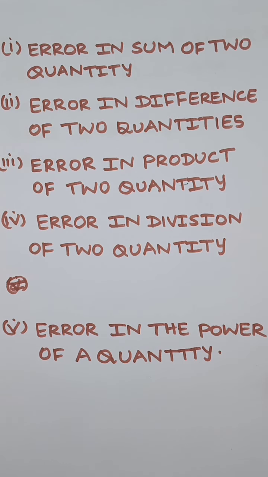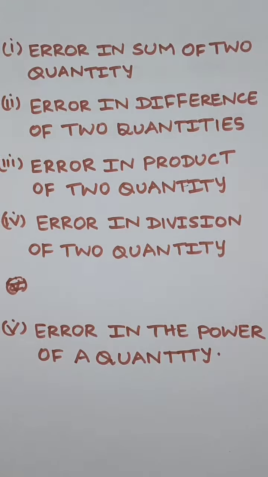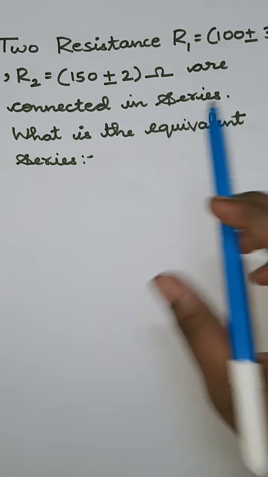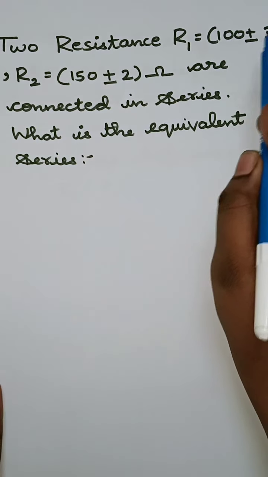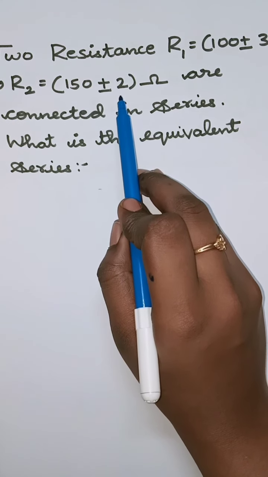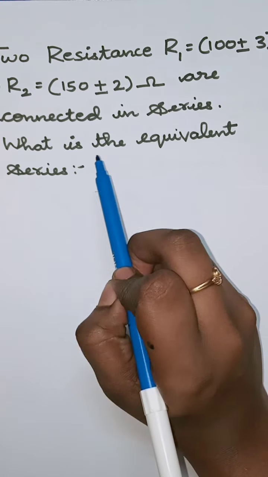So I am going to teach you the first category by using a problem. Two resistances R1 is equal to 100 plus or minus 3 and R2 is 150 plus or minus 2 ohms, connected in series. What is the equivalent resistance?